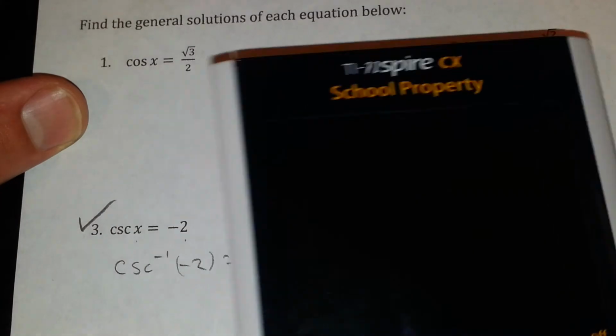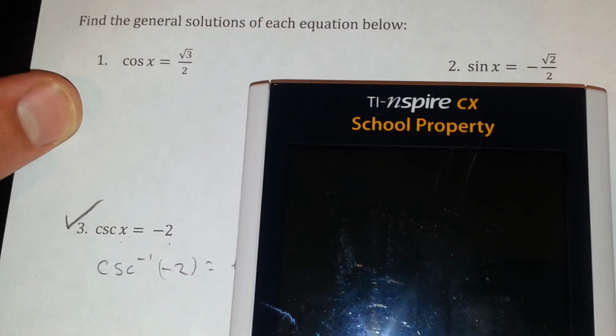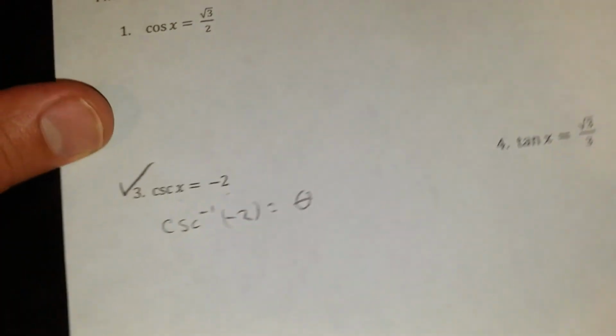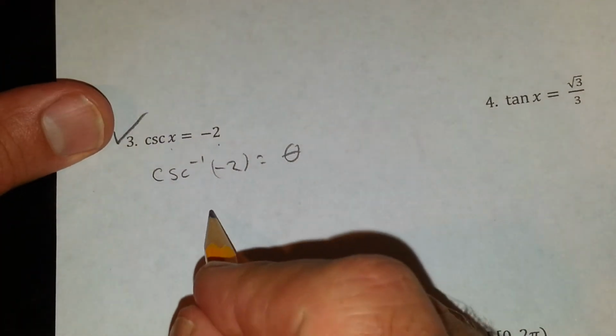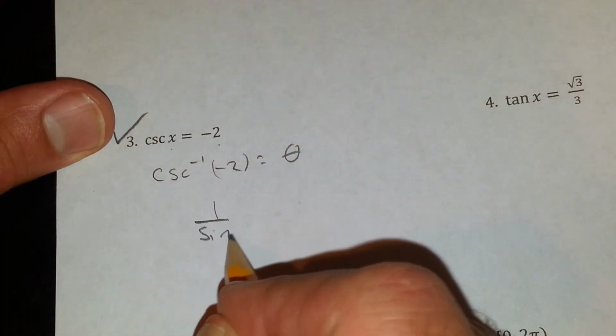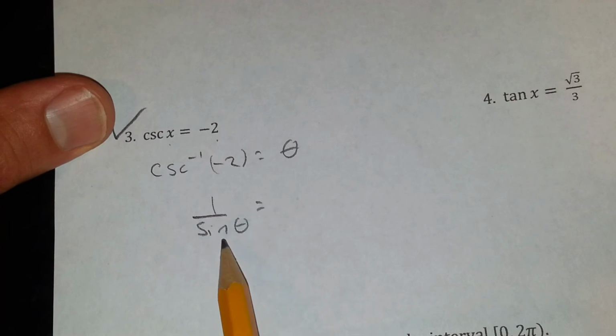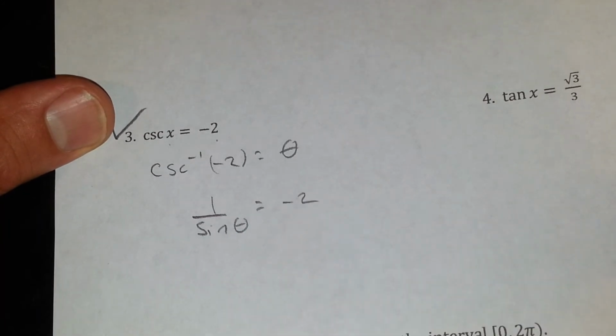Okay, let's check it out. This is what's nice about the Inspire: you couldn't do that on the TI-84. You'd have to know that cosecant is 1 over sine of theta, which equals negative 2.